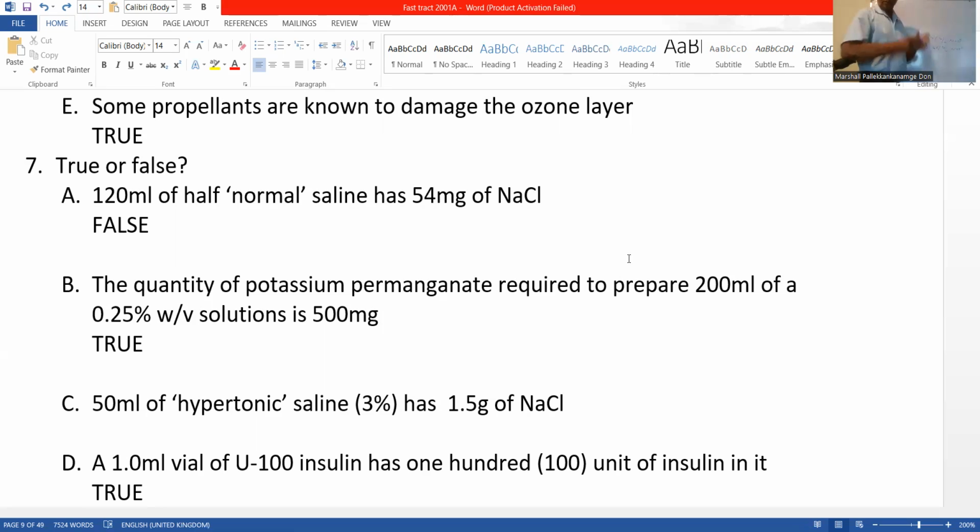Now, the question is 120 ml of half normal saline. This contains 0.45 grams in 100 ml of solution.